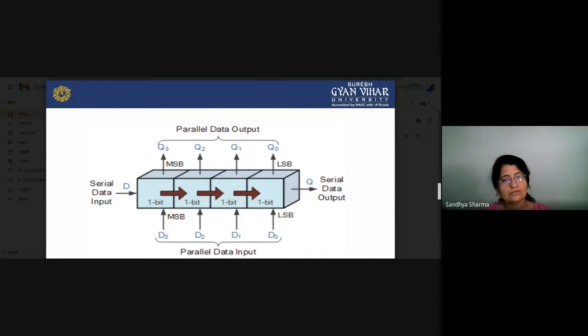As we have already seen, one flip flop stores 1 bit at a time. If you want to store 4 bits at a time, you need 4 flip flops, and by combining the effect of these 4 flip flops, we can make a shift register. There are different phenomena.